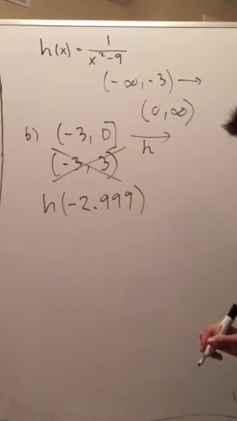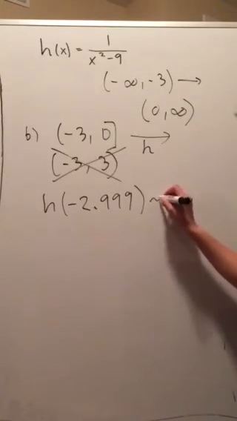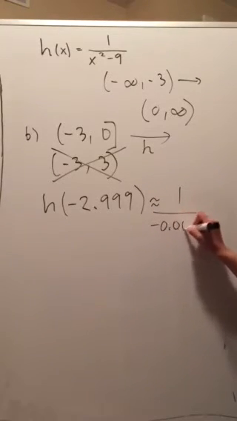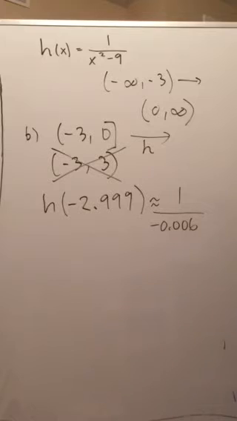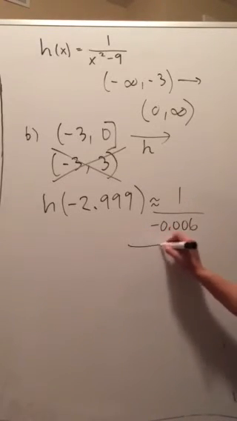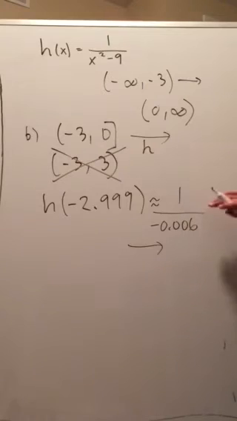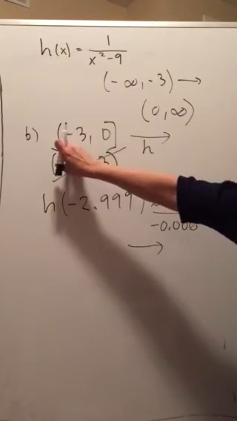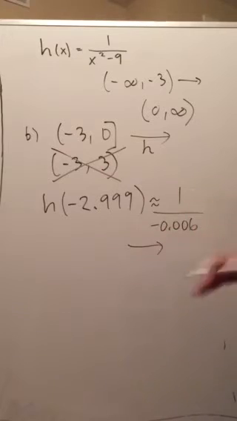H at negative 2.999 is approximately equal to 1 over negative 0.006, which looks kind of familiar. And so what's going to happen is you're going to start forming these larger and larger but negative numbers. As you continue getting closer and closer to this endpoint, your range is going to accumulate all of these big negative numbers.